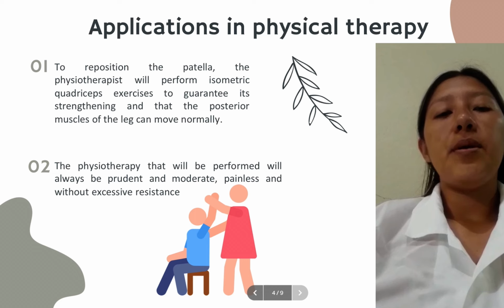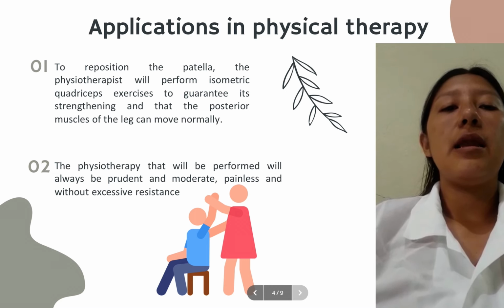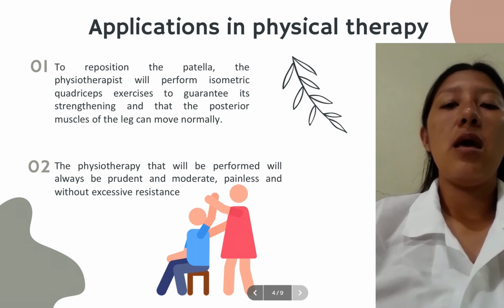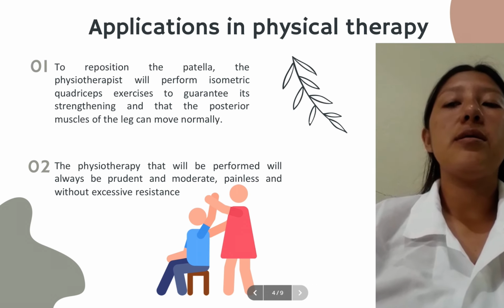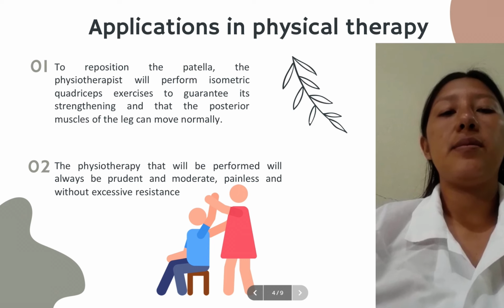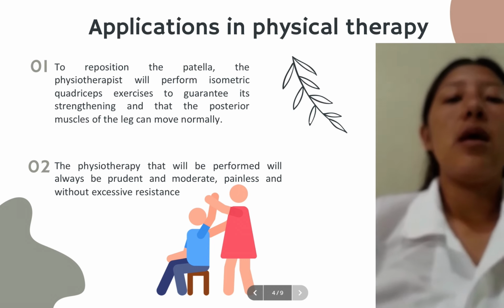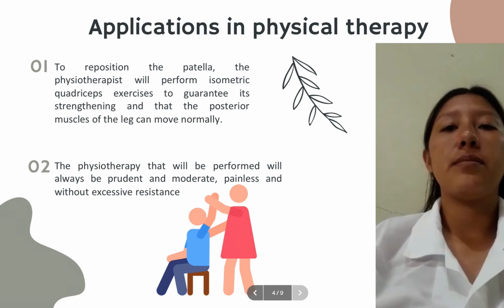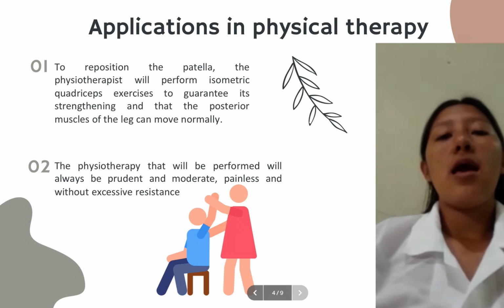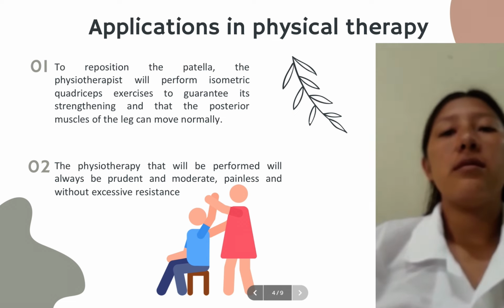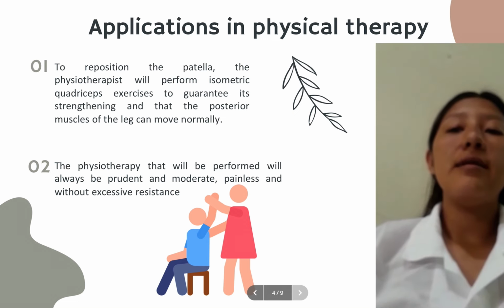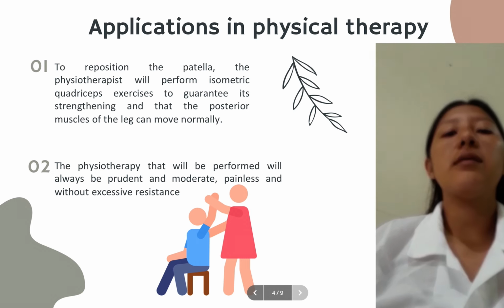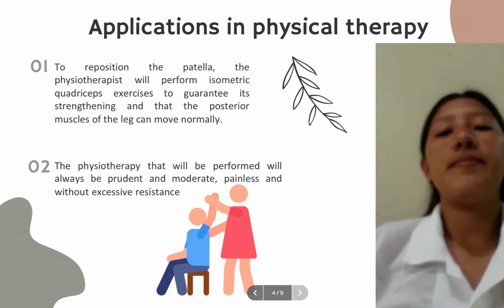After the reduction of the patella, the physiotherapist will perform isometric quadriceps exercises. The aim is strengthening, and that the posterior muscles of the leg can move normally.